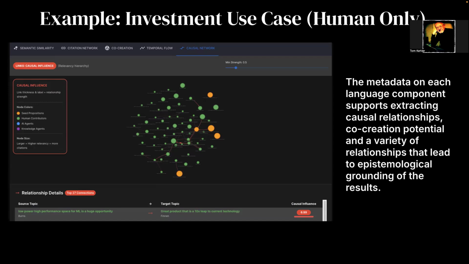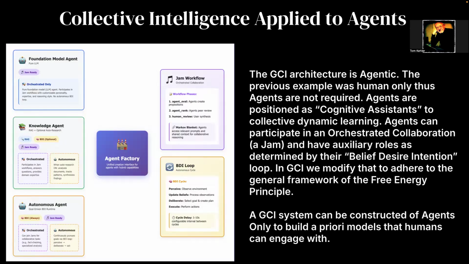In this particular case, we're looking at the causal relationships, and there you see at the top a one that is not strong, but there is a potential causal relationship that has been extracted. So this metadata allows us to build all kinds of back-end graphical models of the potential underlying structure.